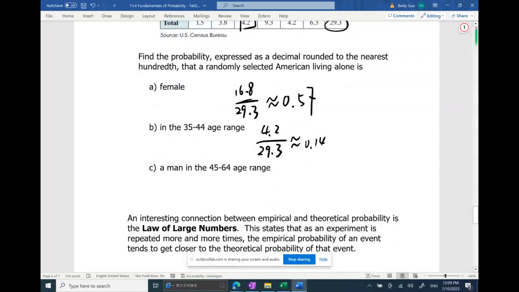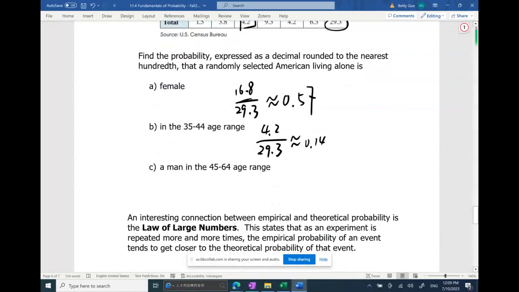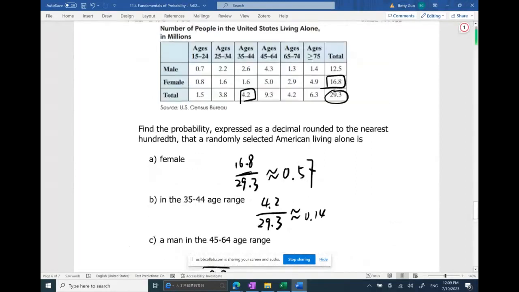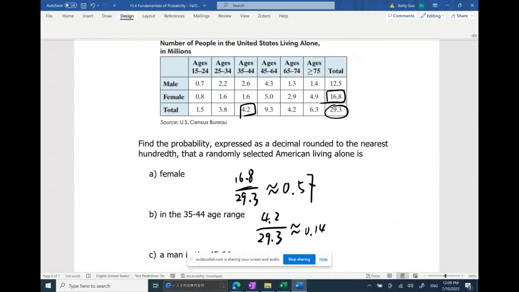Part C, a man in the 45 to 64 age range. So the denominator remains the same. For the numerator, among the 29.3 million people, how many of them are male and in the 45 to 64 age range? Yeah, let's do this.